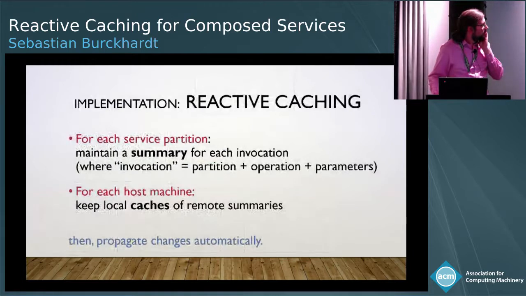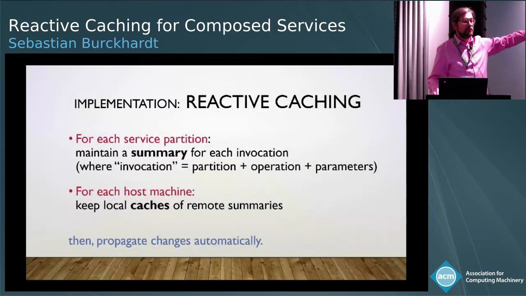We maintain something called a summary, and this should remind you of something like memoization. A summary is a combination of a particular method call together with all of its arguments. It saves the result and its dependencies. And then in addition to summaries, we keep caches. So there's two pieces to this story: the summaries and the caches.